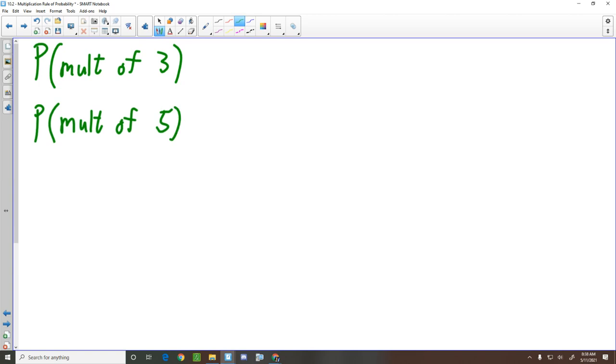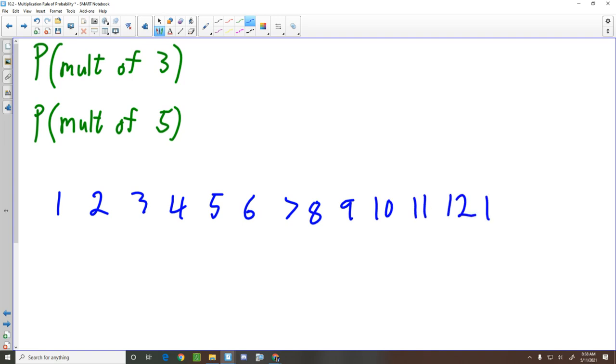Okay, so what's the probability that I spin a spinner with the numbers 1 through 15, and it's a multiple of 3 and a multiple of 5? If you want, you can think of every number: 1, 2, 3, 4, 5, 6, 7, 8, 9, 10, 11, 12, 13, 14, 15.